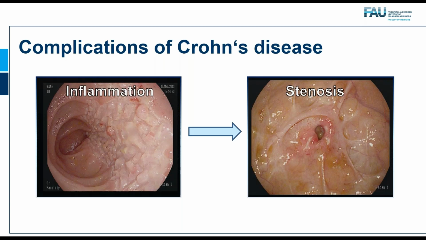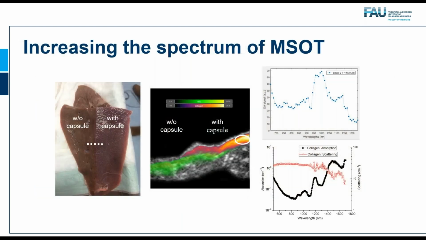That's why we are interested in being able to discriminate acute inflammation versus fibrotic changes of the tissue with an imaging approach. And since there are possibilities with MSOT to even increase the spectral range and thereby image collagen, it might even be possible to differentiate stenosis in Crohn's disease.